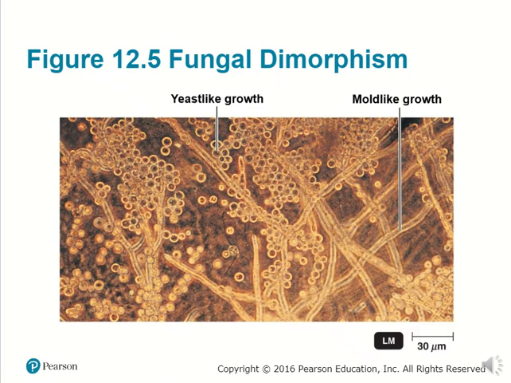In the case of mold-like and yeast-like growth for fungal dimorphism, essentially what we're seeing here is that at the warmer temperatures, yeast-like growth forms circular colonies, whereas mold-like growth forms what appears to be strands.